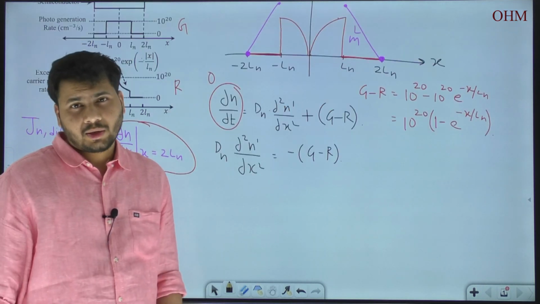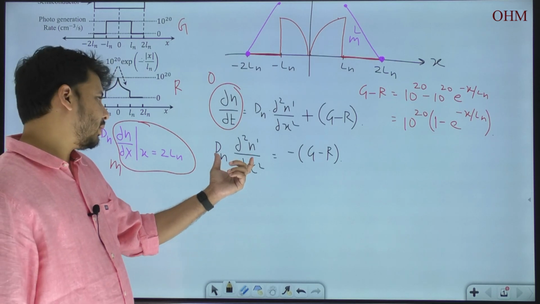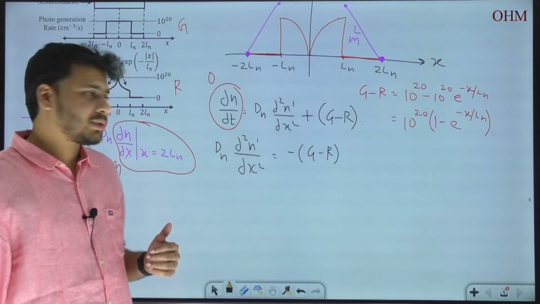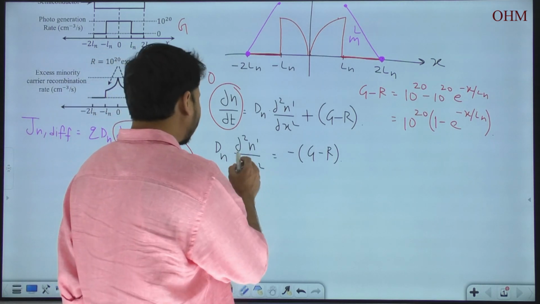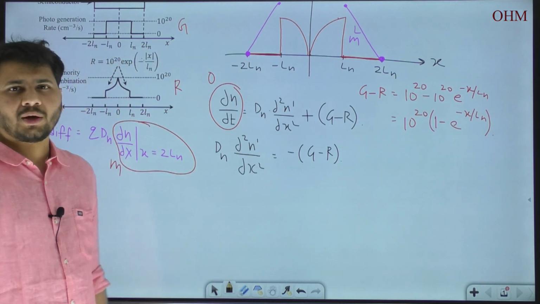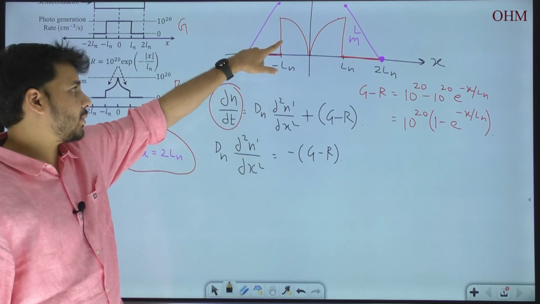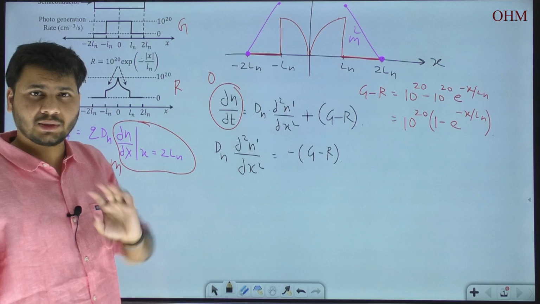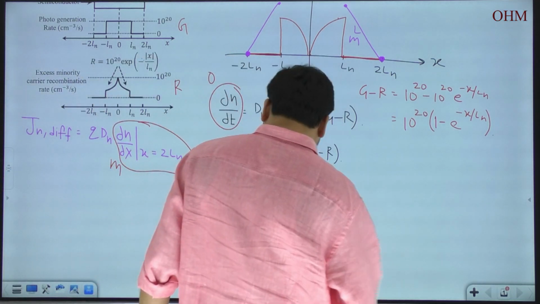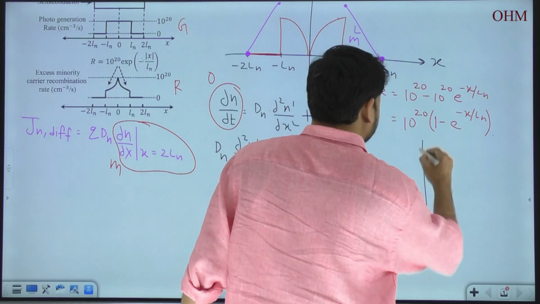Okay, so now let us try to sketch how this second derivative of the excess minority carrier concentration varies with distance. We already know dou square n prime by dou x square is proportional to minus of G minus R, and this red color graph is for G minus R versus distance. Just invert it above the x-axis, and you would get this kind of a thing.